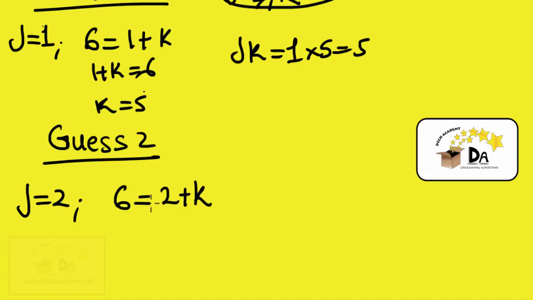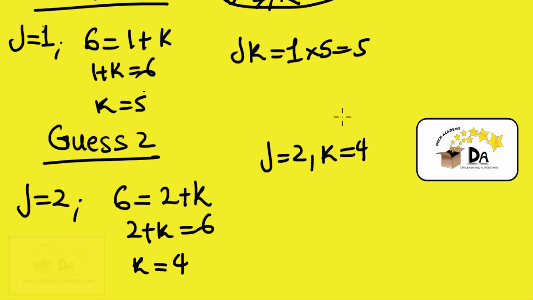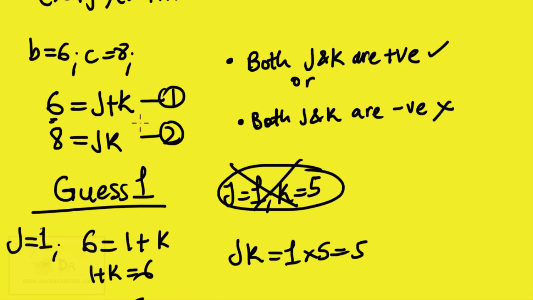I do so because doing that gives a value of k that satisfies equation 1, as you will see shortly. So making k the subject of formula gives k equals 6 minus 2, which is 4. So now we have a result, j equals 2 and k equals 4, which satisfies equation 1, because when j is 2 and k is 4, 2 plus 4 is equal to 6. So equation 1 is satisfied.